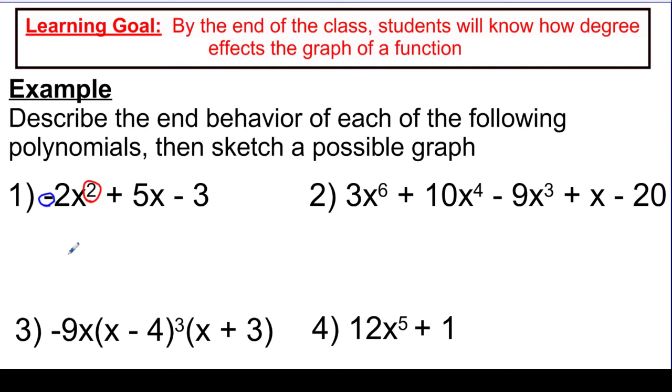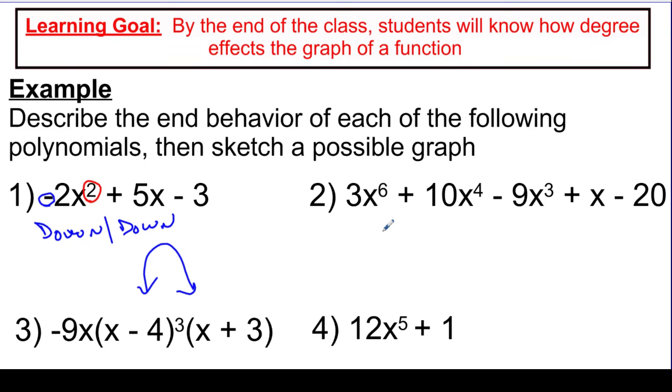The lead coefficient has a negative sign, and so I'm going to describe this as down, down. If that lead coefficient was a positive number, I would describe it as up, up. For this polynomial, if they ask me to sketch a possible graph, there's lots of different possibilities, but one possibility is some kind of upside down parabola. It's got one turning point right here at the vertex, and it heads right back down.